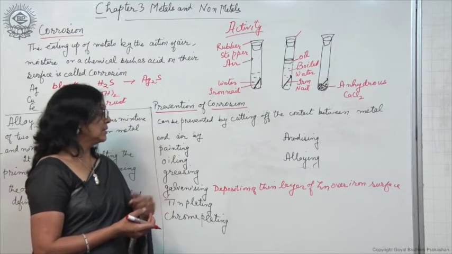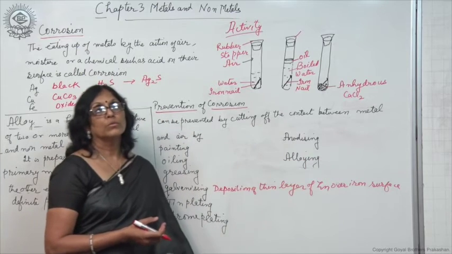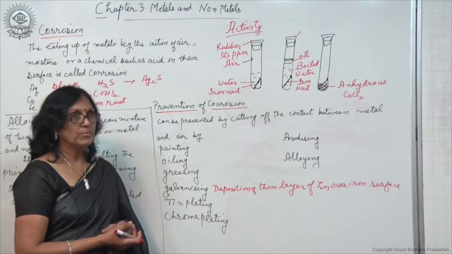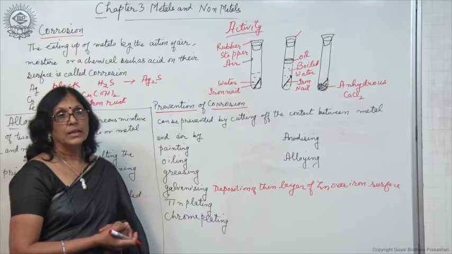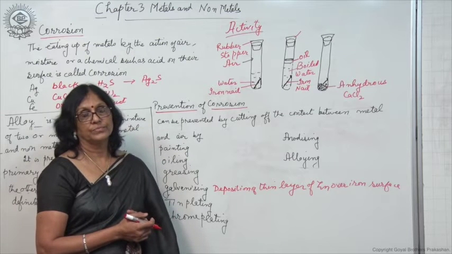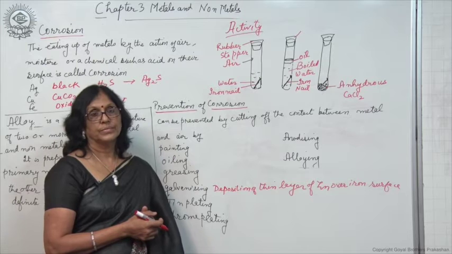Now, this has been used for the prevention of corrosion of aluminium metal by anodizing. The aluminium object to be anodized is made the anode, and electrolysis of dilute sulfuric acid is done.